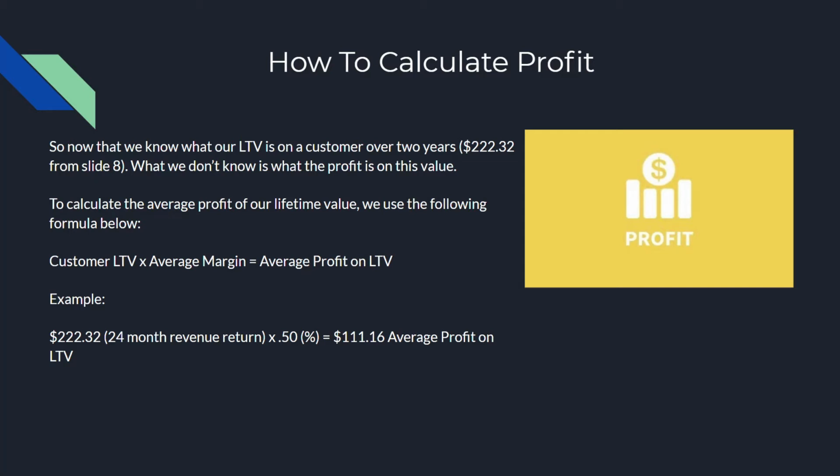To calculate the average profit on the lifetime value, we use the following formula: customer lifetime value times the average margin equals the average profit on your lifetime value. In the example here, we have $222 over a 24-month period, and let's say after all cost of goods sold you're hitting a 50% profit margin. That's going to give you an average profit of $111.16.